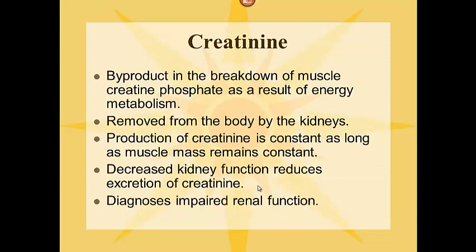Again, creatinine is the byproduct of the breakdown of the muscle, and this is important because when the patients are in catabolic stage or elderly, creatinine could be low, although they could also be in renal failure. So it's not a very valuable number when the patients are cachectic because it reflects muscle mass.